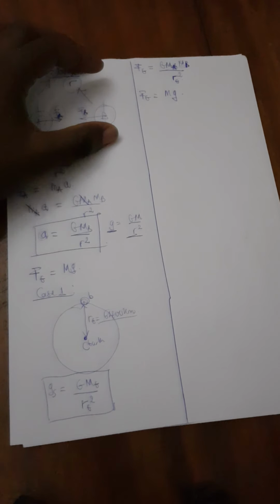So another definition of the gravitational field strength could be the force exerted between two bodies per unit mass.